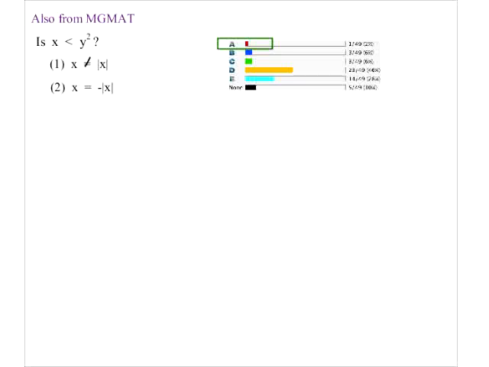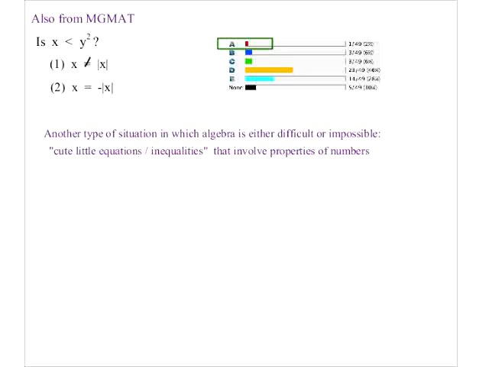These are also equations that algebra is going to strike out on. So another type of situation in which algebra is either difficult or impossible is what I'm going to call cute little equations or inequalities that involve properties of numbers. And they're not going to tell you that they involve properties of numbers.